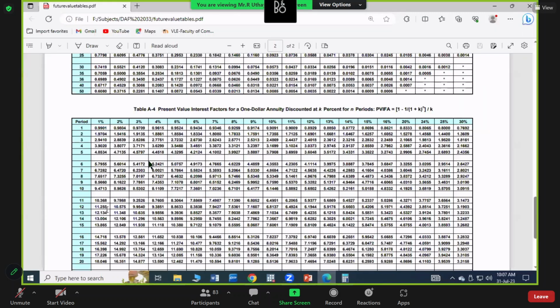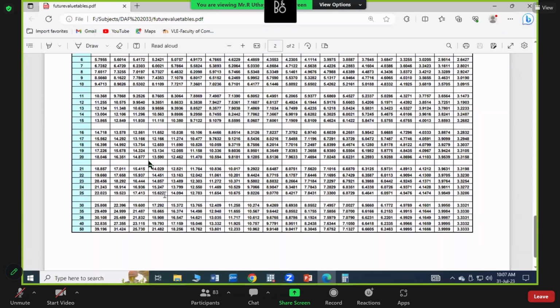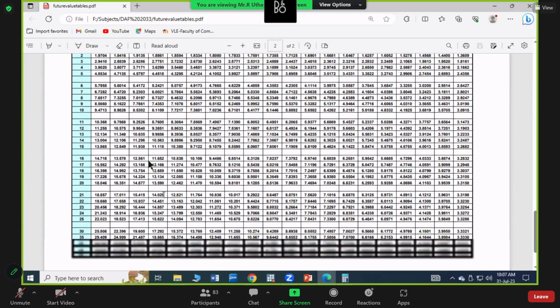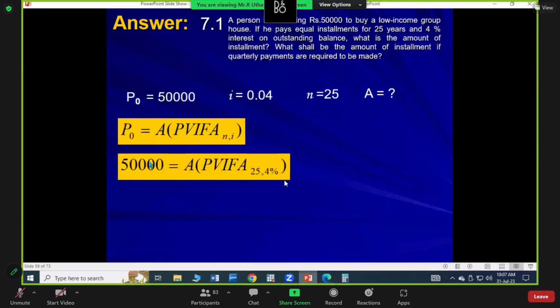So you go to the 25 years and 4%. You can find the 15.622. The present value interest rate.